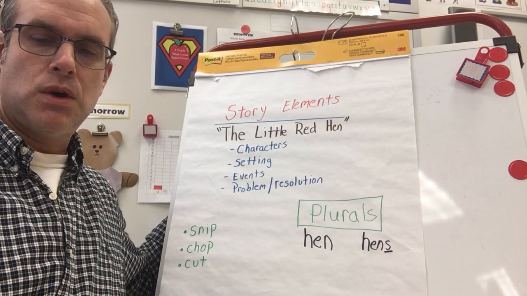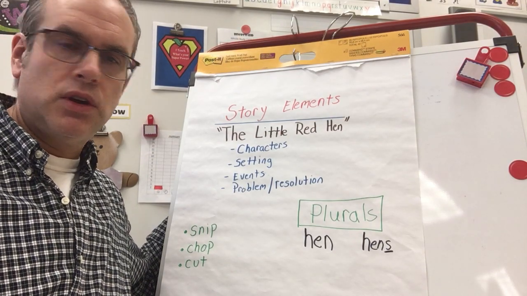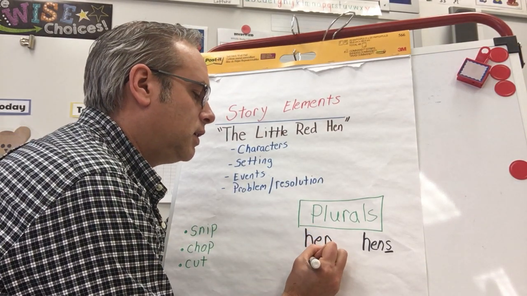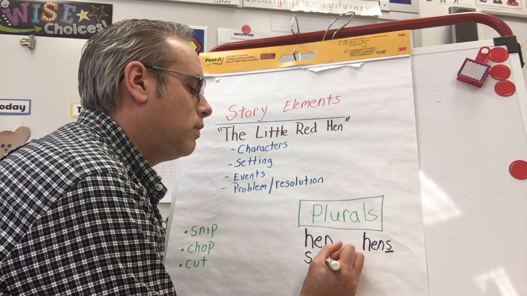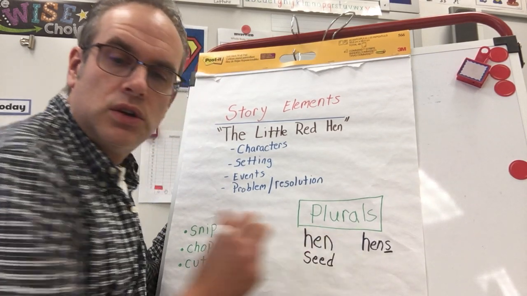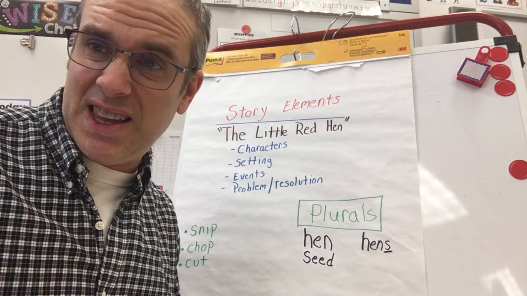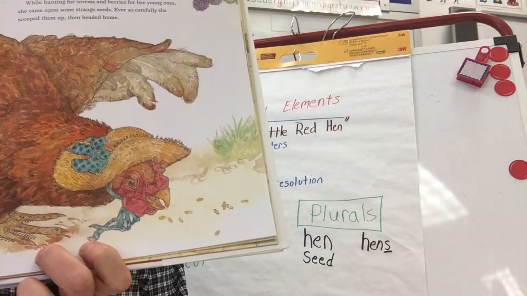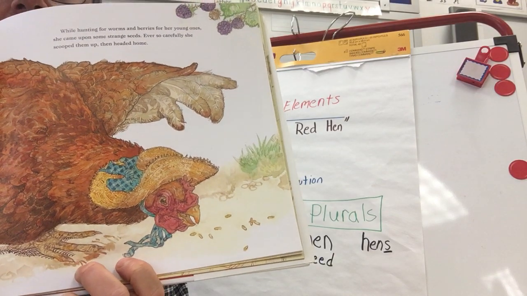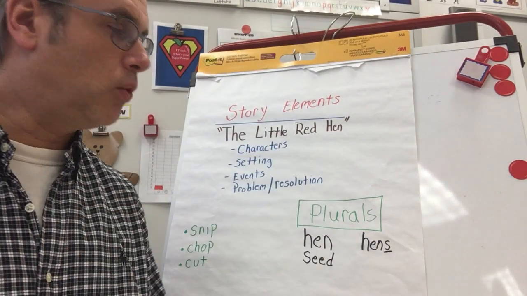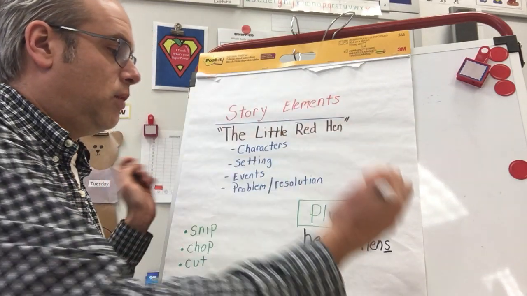All right. When she went digging for worms, she didn't find one seed. Nope. It says she came upon some strange seeds. So look at the picture. There's more than one. So they put an S at the end of the word seed to show more than one. Plural means more than one.